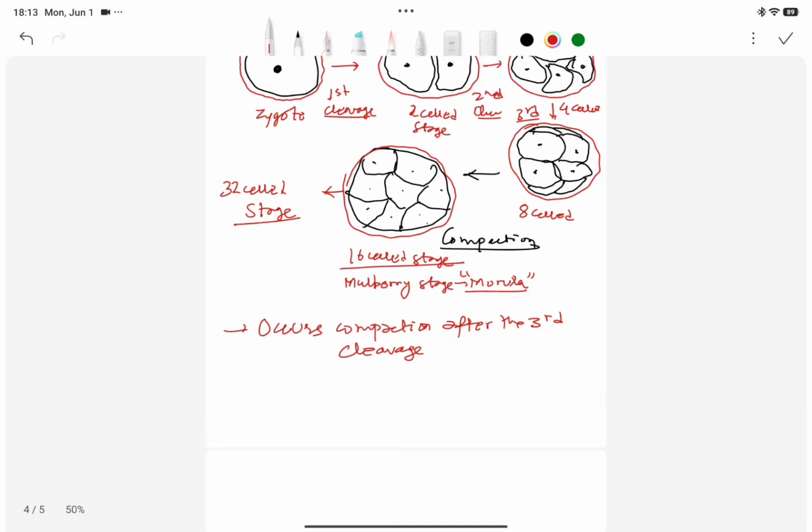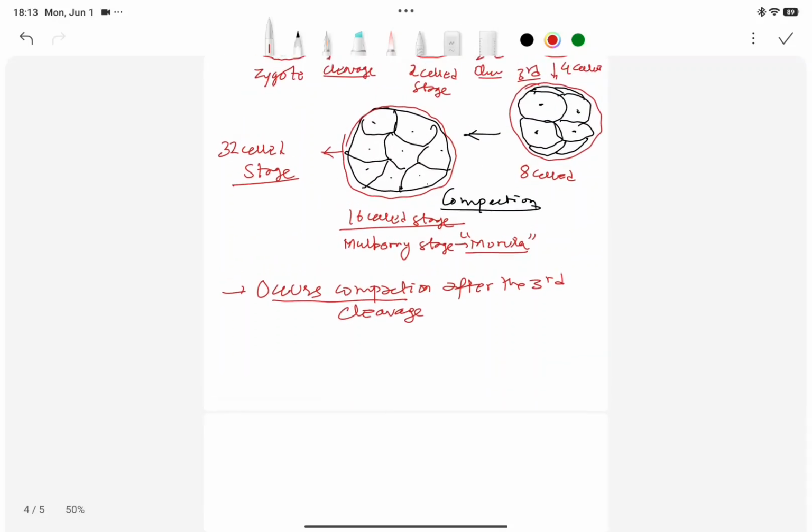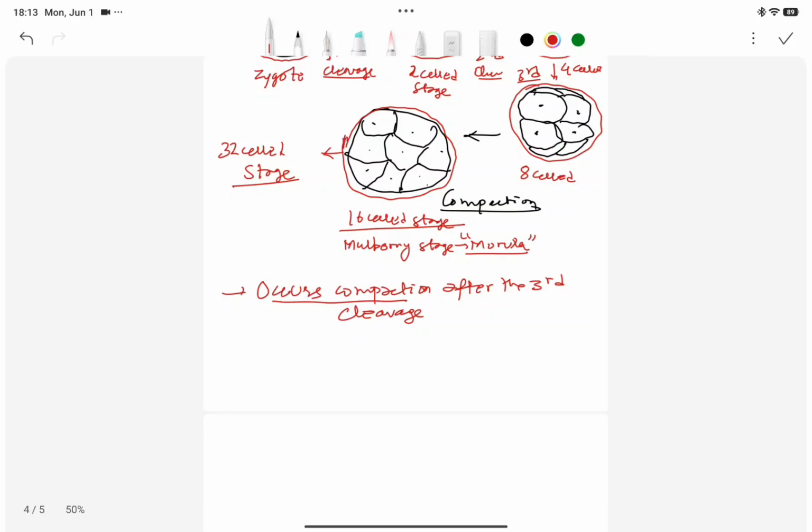So after the eight-cell stage, there occurs a compaction between the adjacent blastomeres to form a solid ball-like structure. This is called compaction. And the resulting morula, the 16-cell stage, is still covered by the zona pellucida.